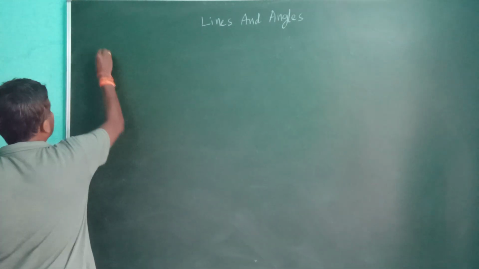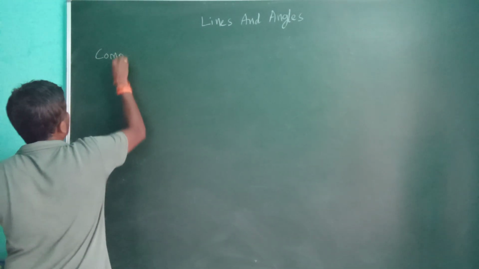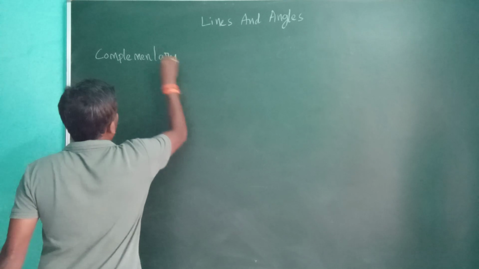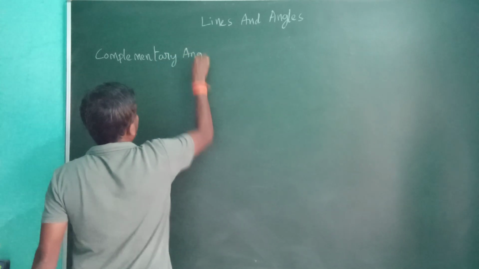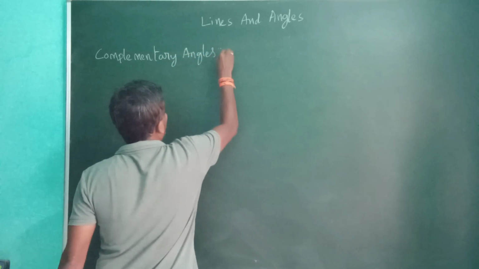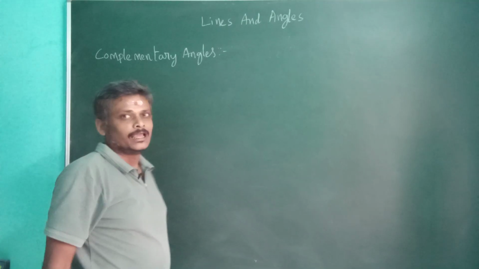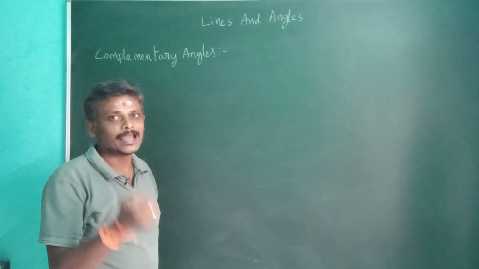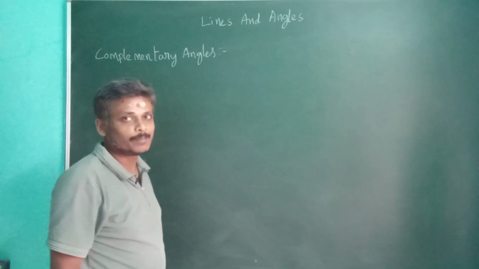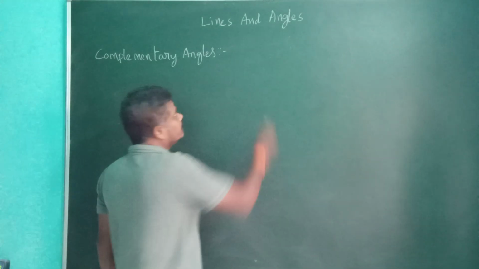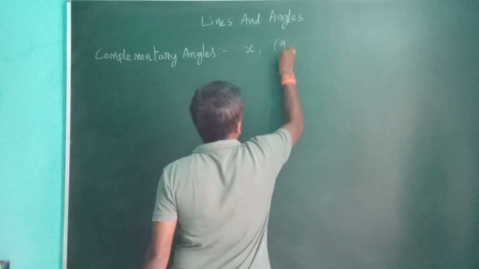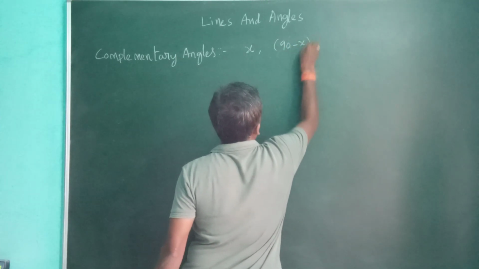One is called complementary angles. What are complementary angles? A pair of angles whose sum is equal to 90 degree are called complementary angles. If x is one angle, then its complementary angle is given by 90 minus x.